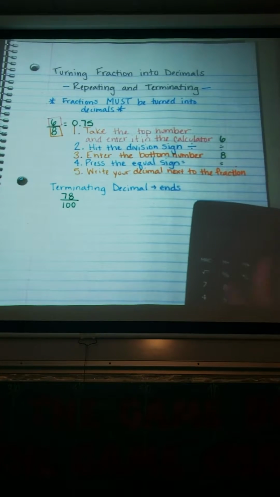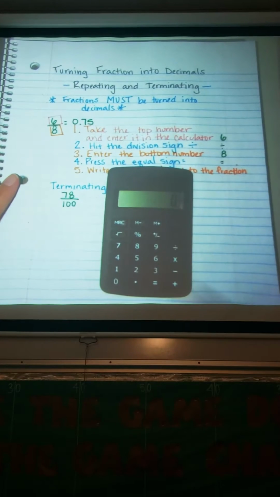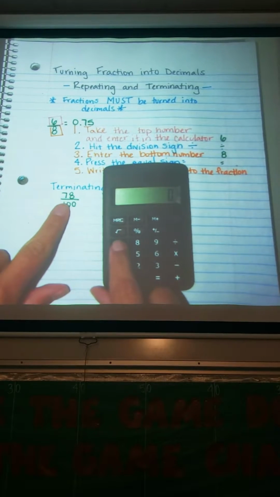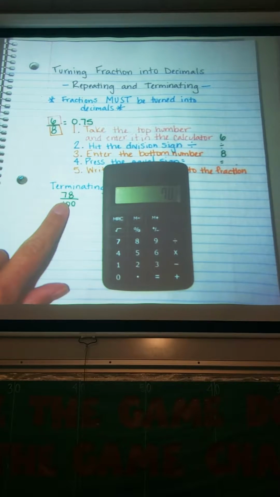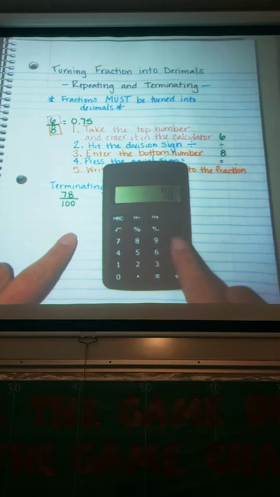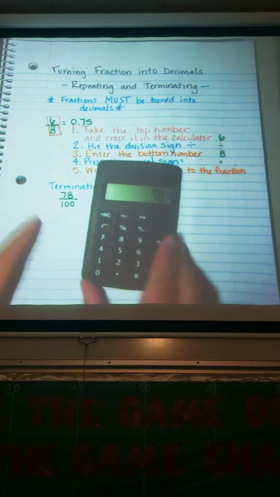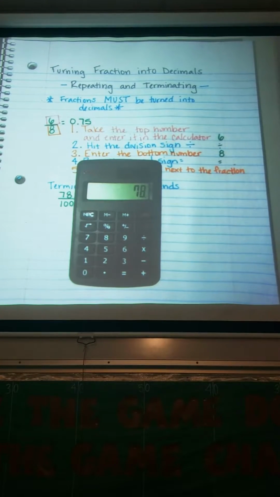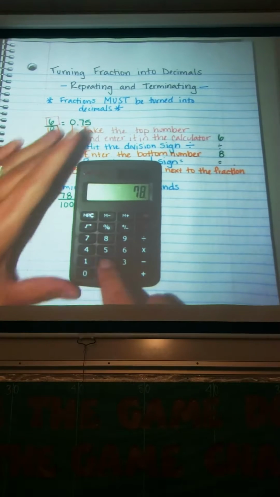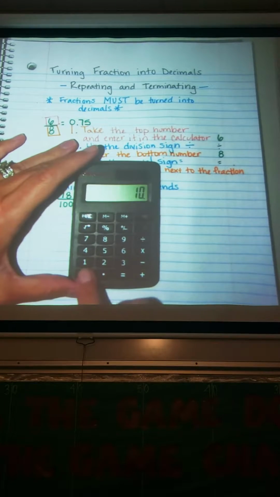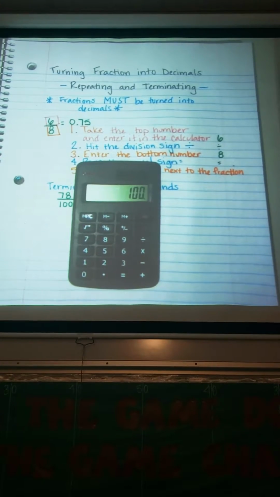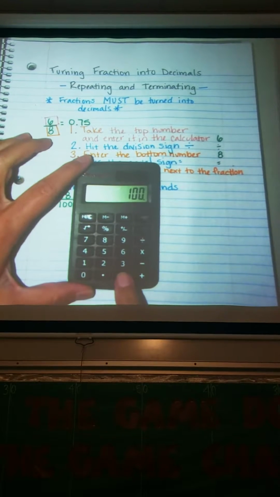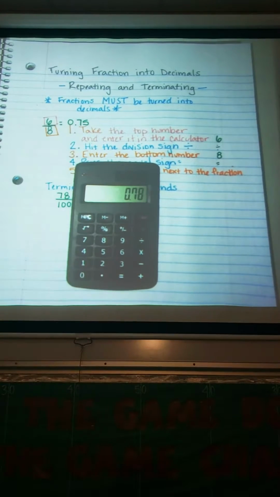Go at your own pace. So I'm going to enter my number. Remember, the first thing you do is the numerator, the top number, 78. My second step is to hit the division button, divided by. My third step is to enter the denominator, or the bottom number, 100. And my fourth step is to hit enter, so it calculates, okay?